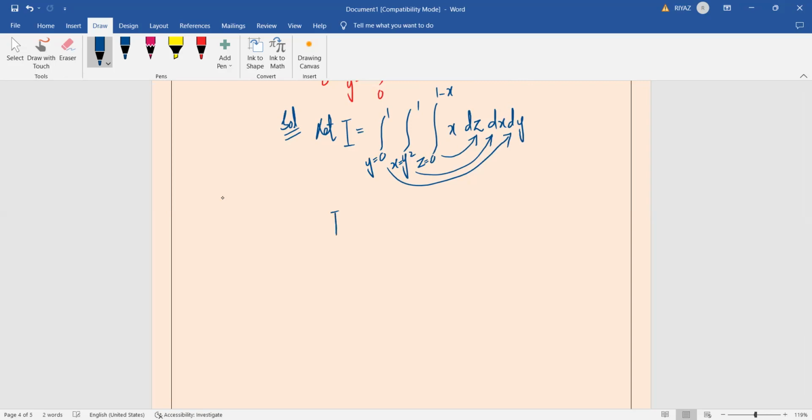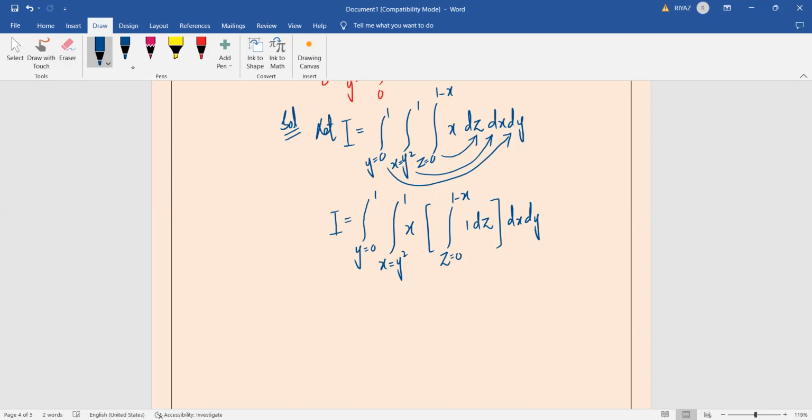This is I is equal to y is equal to 0 to 1, and then x is equal to y square to 1, and z is equal to 0 to 1 minus x, 1 dz, this is dx, this is dy.